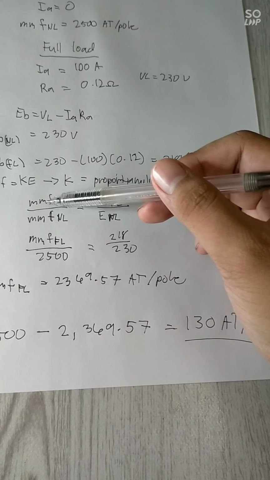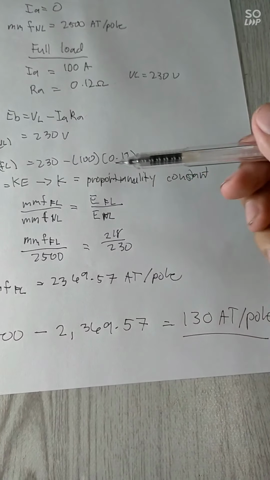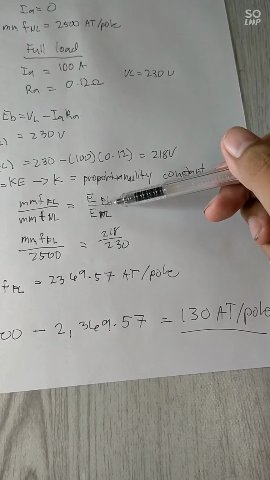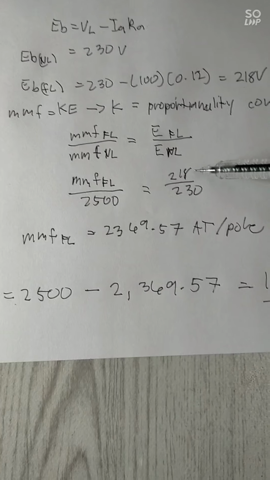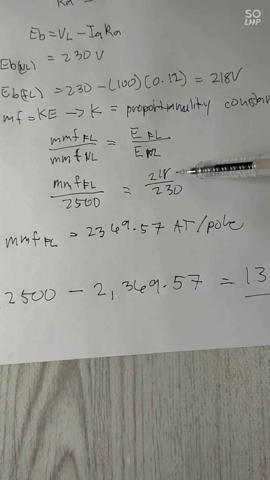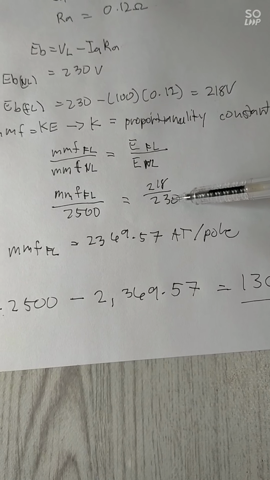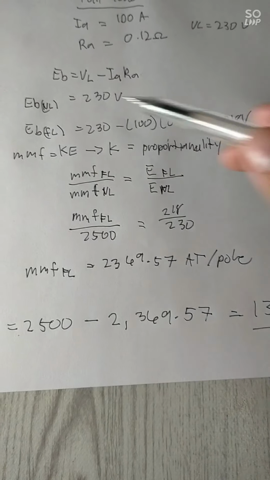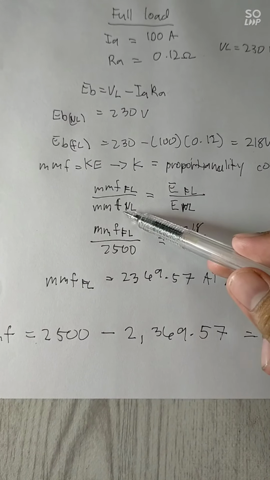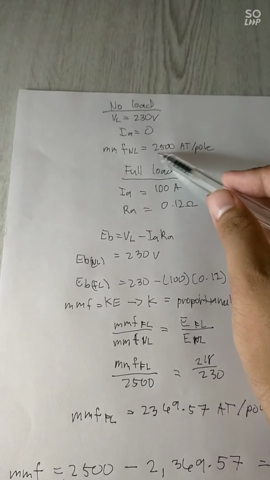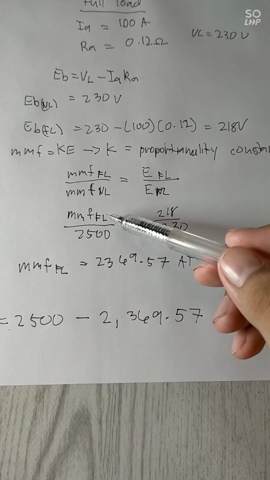So natay MMF full load over MMF no load equals to EFL over EL. So natay value ni EFL nga 218 over sa 230, kani siya 230 ang 230 nya. Natay value daan ni MMF no load, kani siya value niya daan. So atong gipangitaan ni kay kani MMF full load.